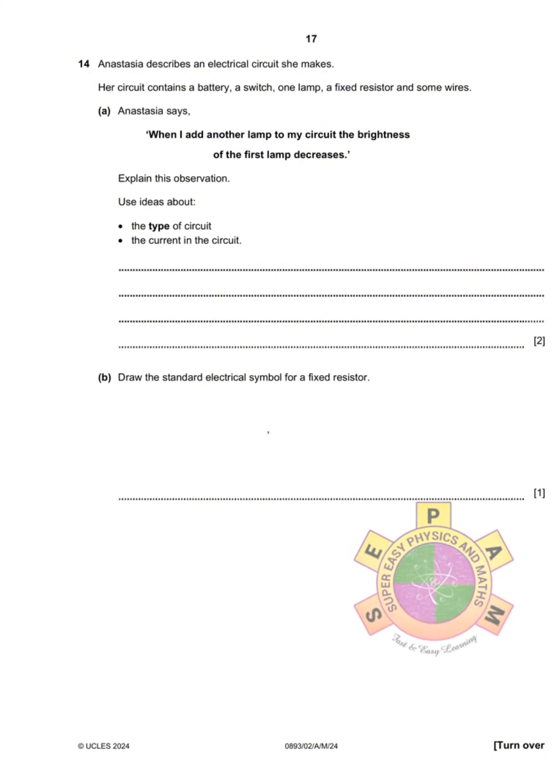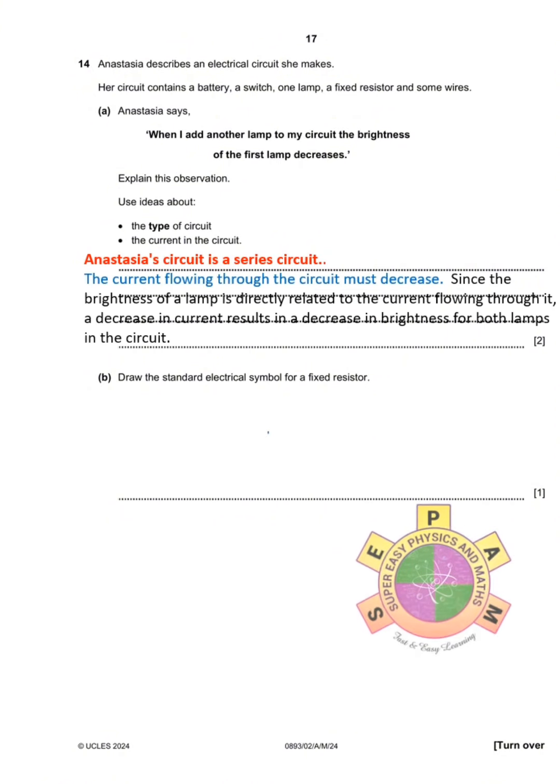That means she added them like beads. By increasing the number of bulbs, you are increasing the resistance, and when you increase the resistance, the current flowing through the circuit will decrease.